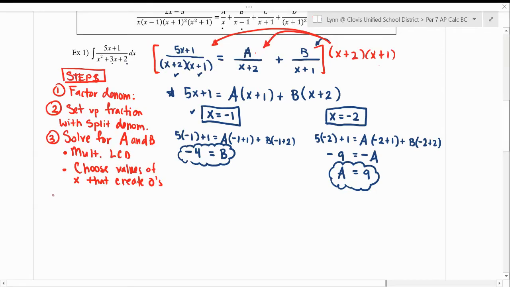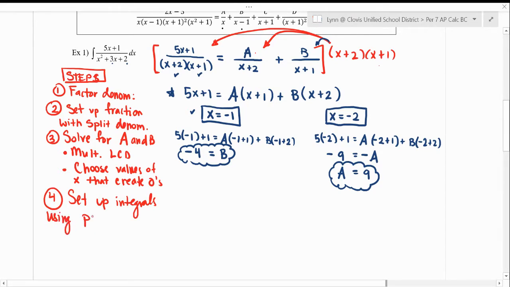So then for step 4, we're going to go back to that equivalent expression up above and replace a and b. So we're going to set up our integrals using that equivalent expression.